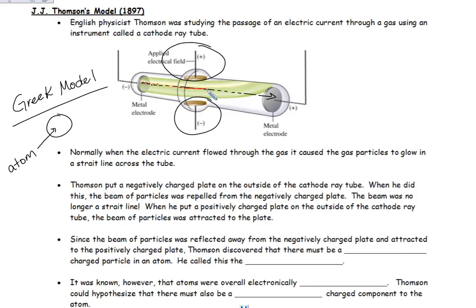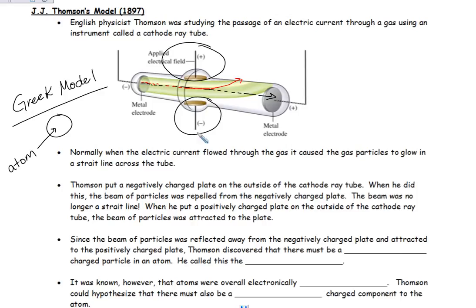So we can make this a little more aggressive. Which means that it was repelled from the negative. It bent so that it was attracted to the positive, repelled from the negative. Wow, this was not what they expected. So now opposites attract and likes repel.